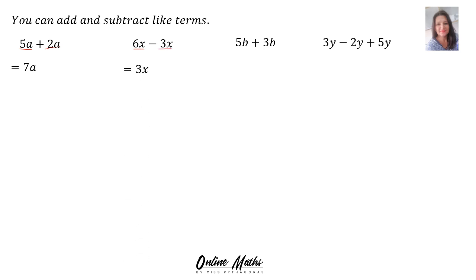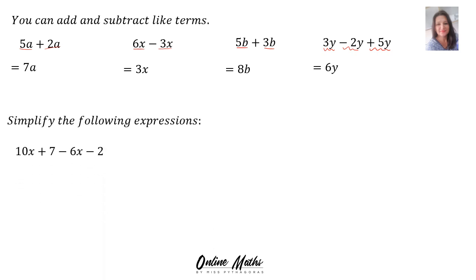You keep the variable exactly the same. 5b plus 3b is 8b. And now this one, although it's a trinomial, the variables are the same and the powers, therefore they are like terms, so we can add them. 3y minus 2y is y, plus 5y is 6y.